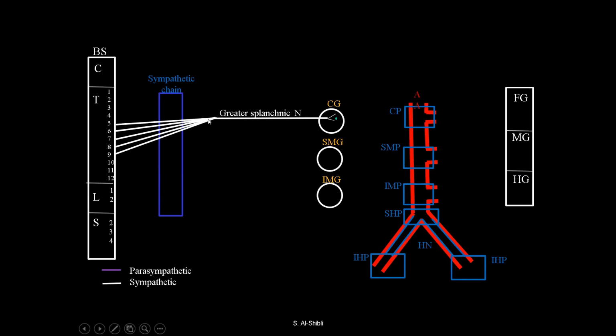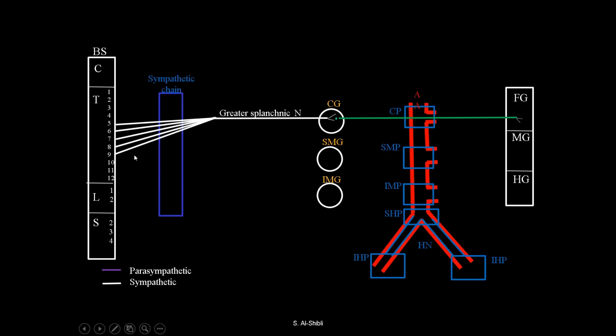Okay, it relays or synapses in the celiac ganglia. From this ganglia, it will go to the celiac plexus and reach the structures of the foregut within the branches of the celiac trunk, either the left gastric, the splenic, or the hepatic.